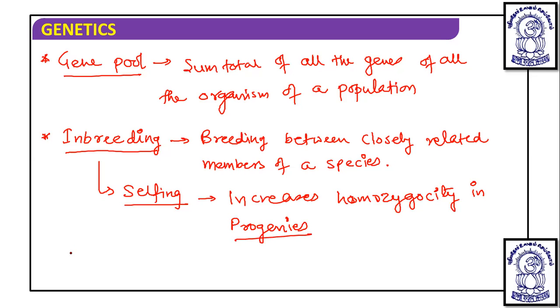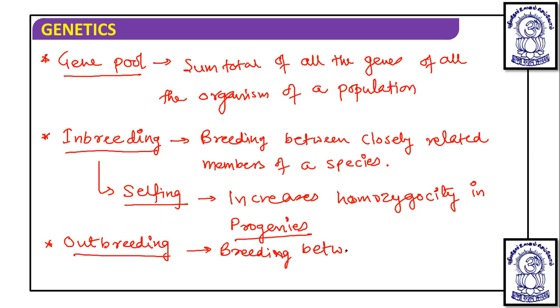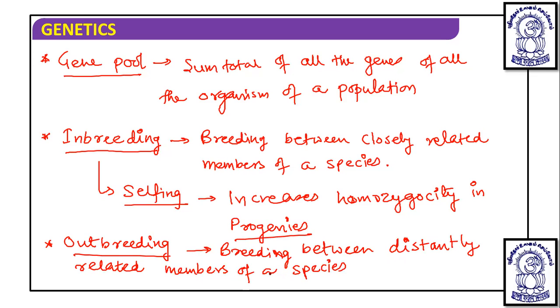Another is outbreeding. Outbreeding is breeding between distantly related members of a species.